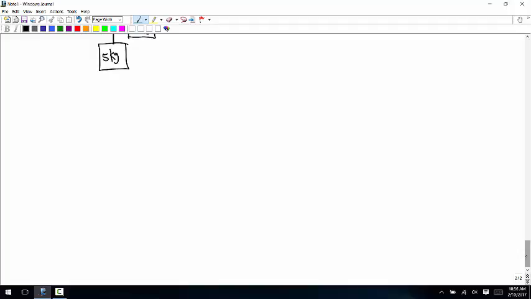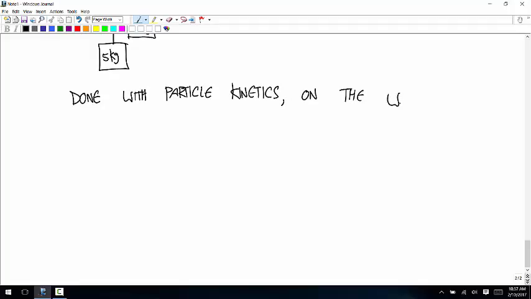So now we're going on to really what we're going to spend almost the whole time on, which is rigid body kinetics in 2D.